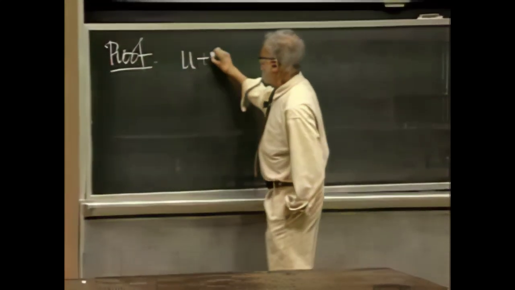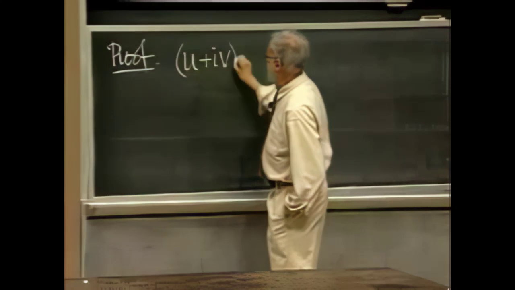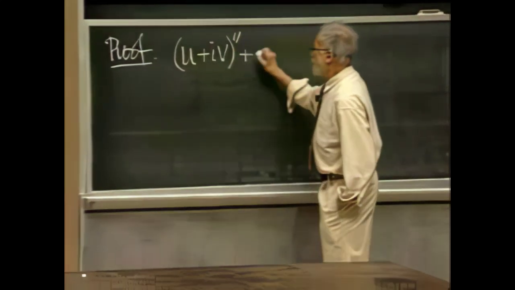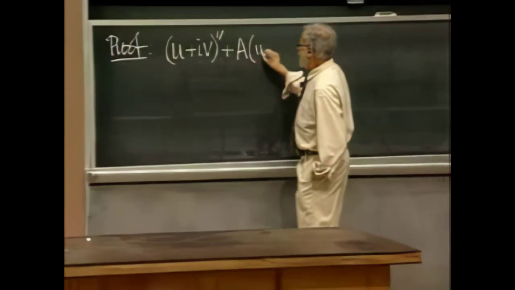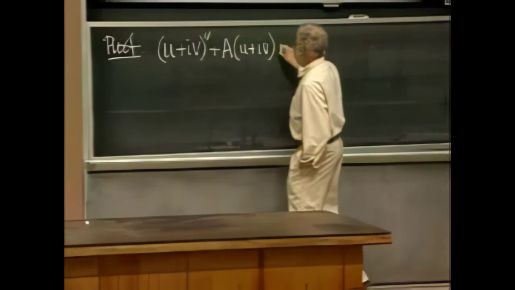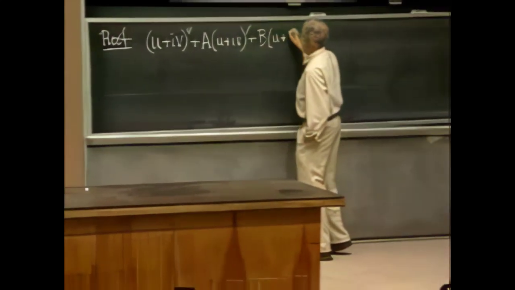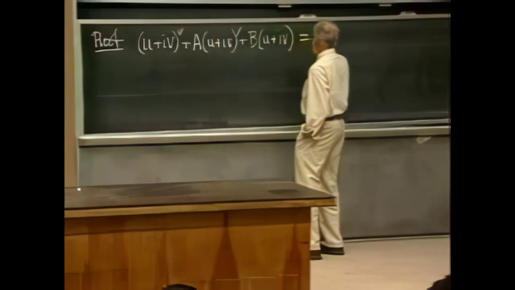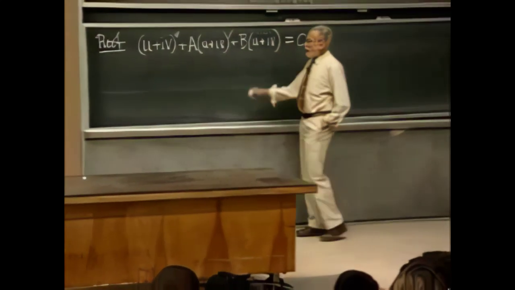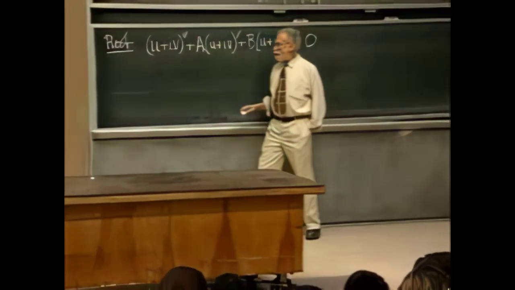what does it mean to be a solution? It means when you plug in u plus iv into the equation, u plus iv double prime plus a times u plus iv prime plus b times u plus iv, what am I supposed to get? 0. Well, now, separate these into the real and imaginary parts.